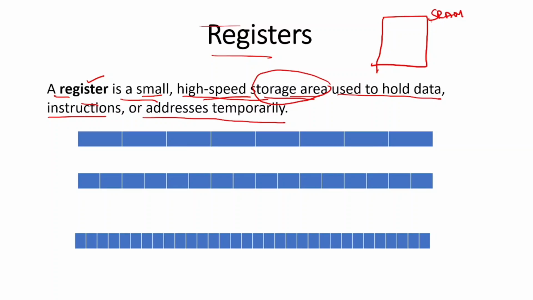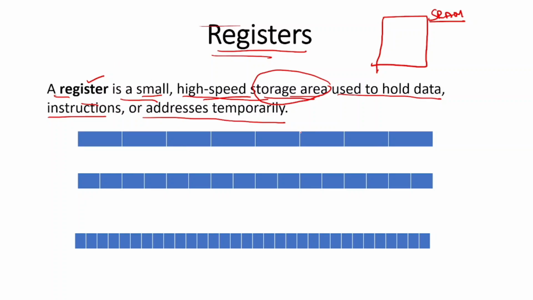Actually, these memories are permanent memories. Whenever you store something in this memory, it will be permanently stored until you delete. But registers are not permanent storage units, they are temporary storage units. That means whenever you switch off your embedded system, the content present in all the registers will get erased.